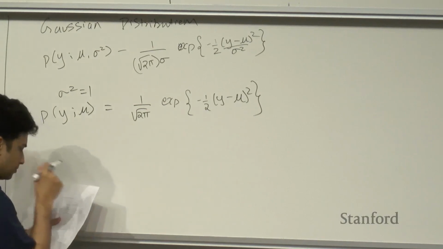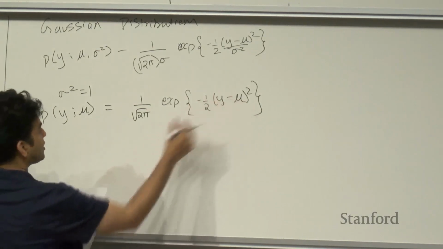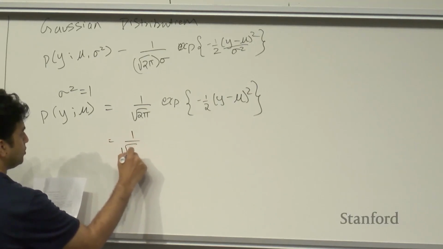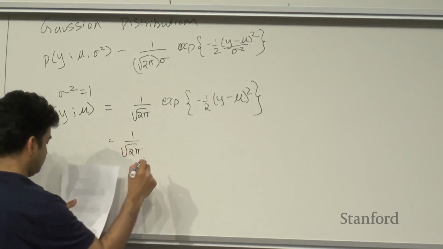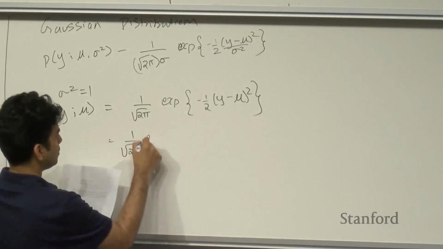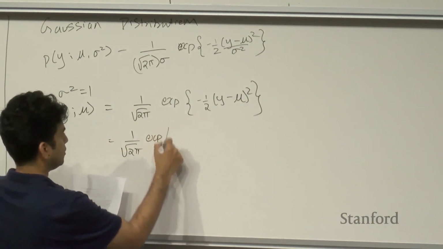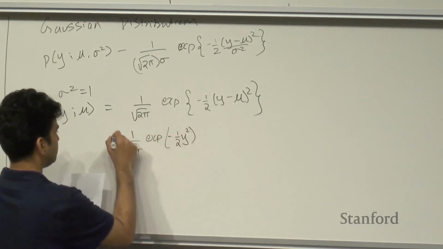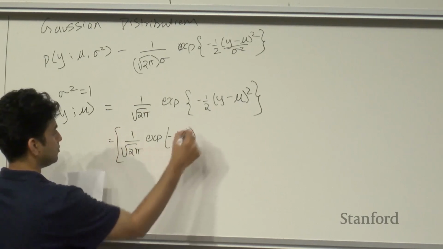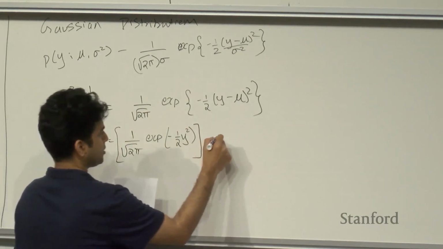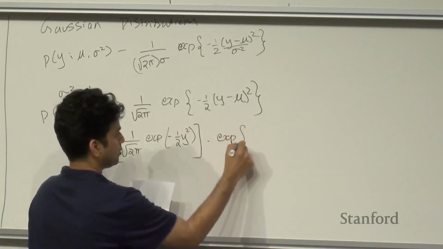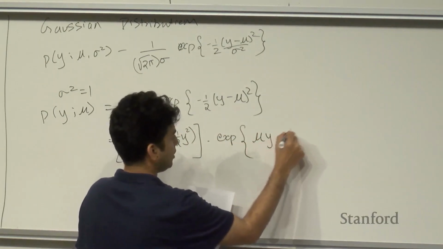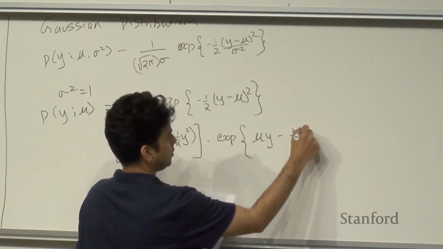And this we can expand the square and we get 1 over square root 2 pi, exponent of minus half y square, times exponent of mu y minus half mu square.